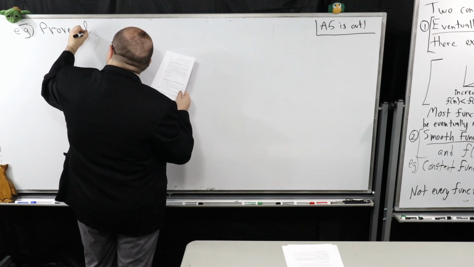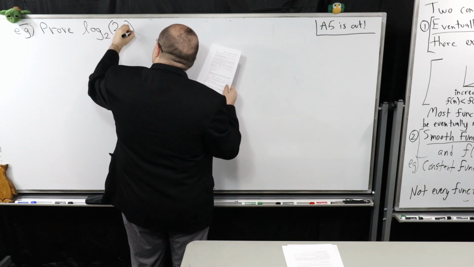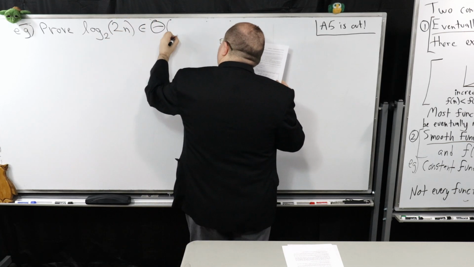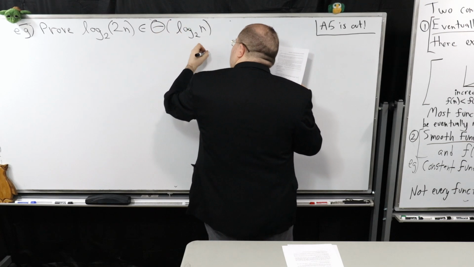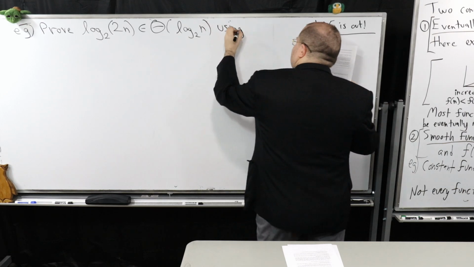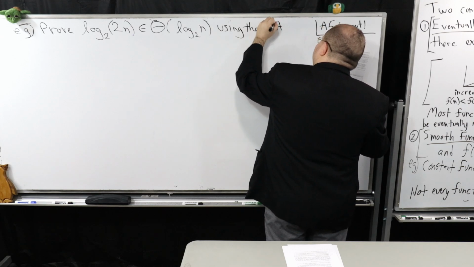Let's try proving that log base 2 of 2n is big theta of log base 2 of n. I'm going to do this with the limit theorem for big theta that I gave you earlier. For abbreviation purposes, I'll just call it the limit theorem.